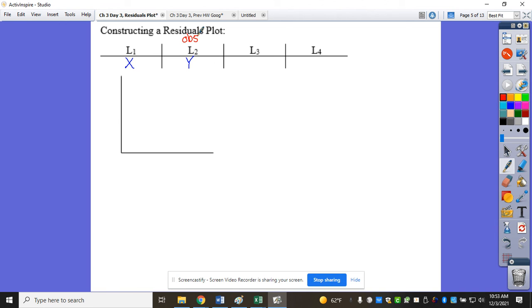So my observed is already in list 2. To get residuals, I need observed minus predicted, which means somehow I have to figure out how to get the predicted values in list 3. So, in general, what am I going to type in list 3? How do I always predict?